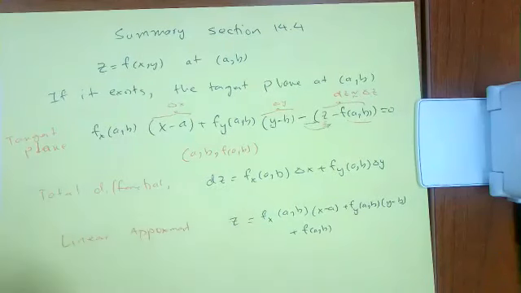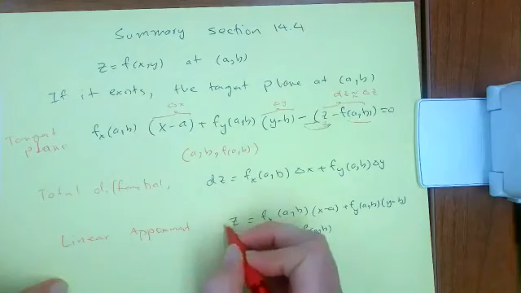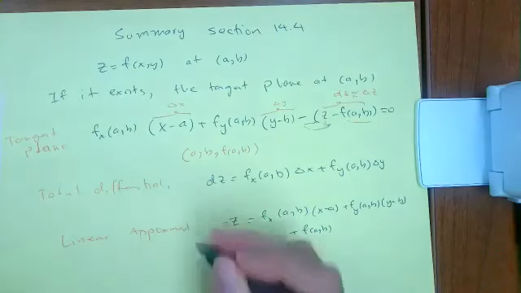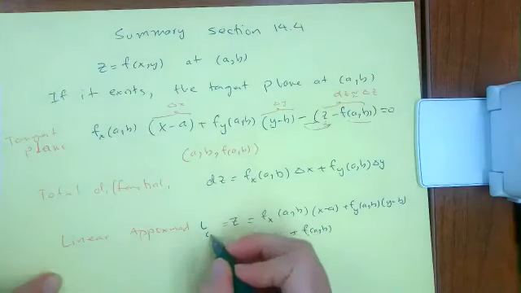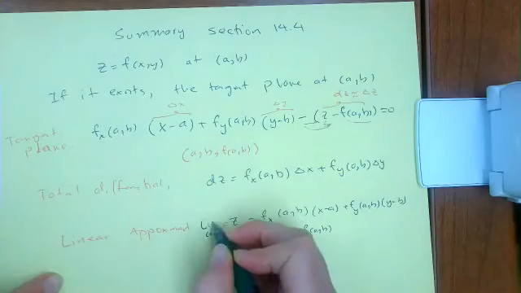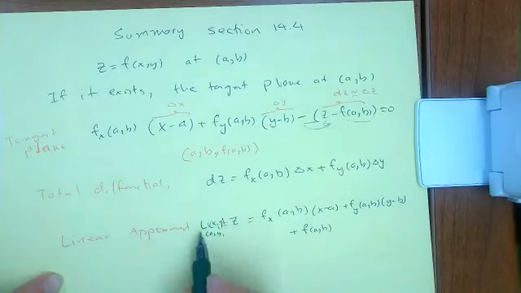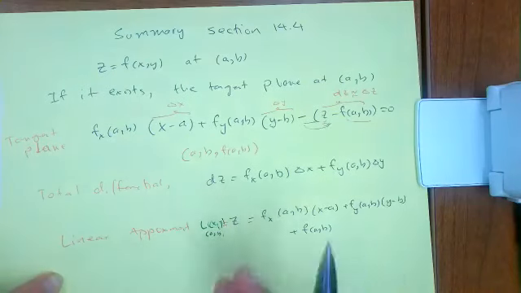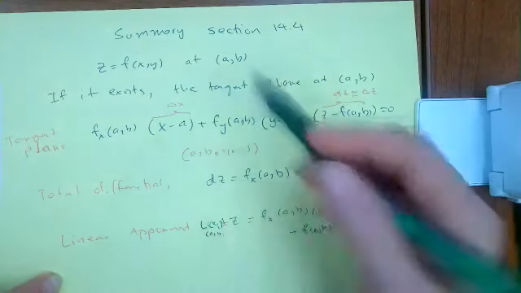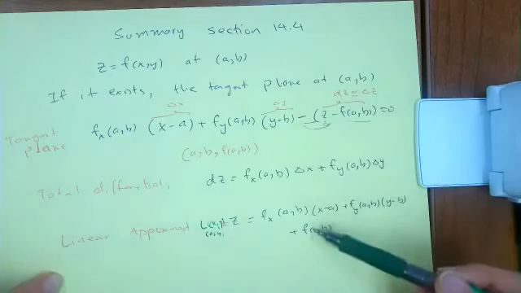This z gives me the linear approximation. The other name for that is going to be L at A and B of x and y. So it is the linear approximation of f at point A and B for any x and y value near A and B. So this is how one of them implies the other one.